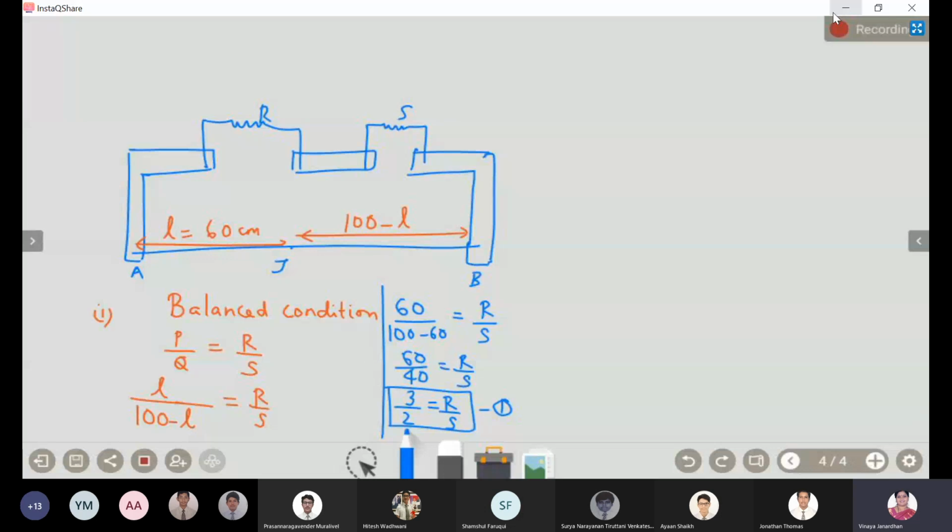When you have R and S, the balancing length is 60 centimeters.